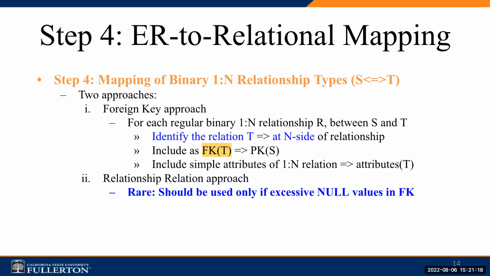And the foreign key approach says for any regular binary 1:n relationship referred to as R, you would identify the relation that is on the nth side of the relationship, which is T in this example, and you would include as the foreign key of this relation the primary key of the other relation.